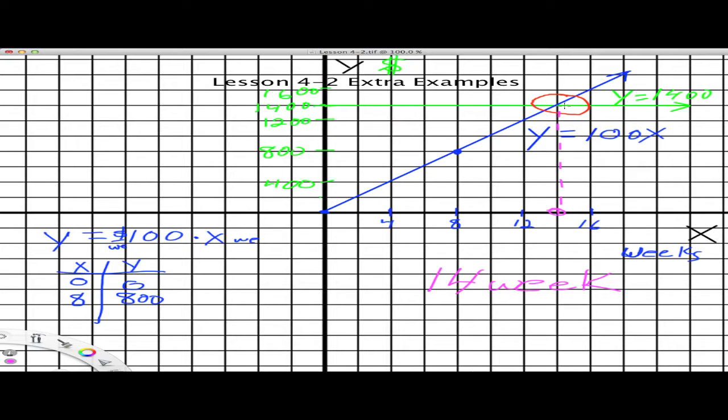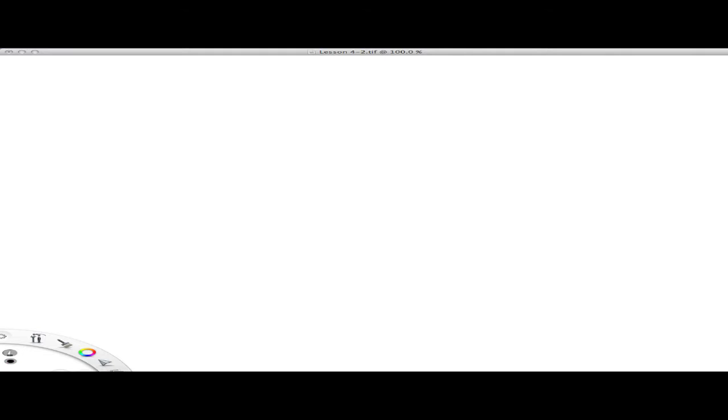We could look at this as an algebraic problem, in which case we would start with 1400.